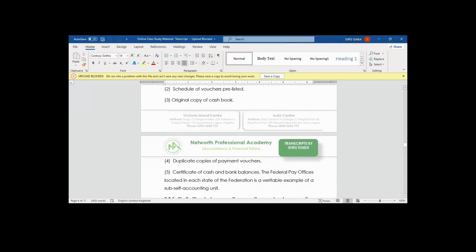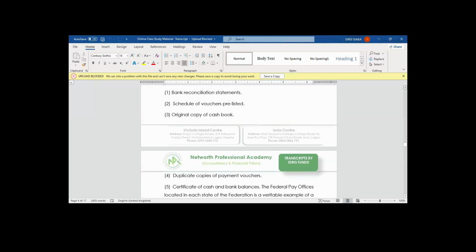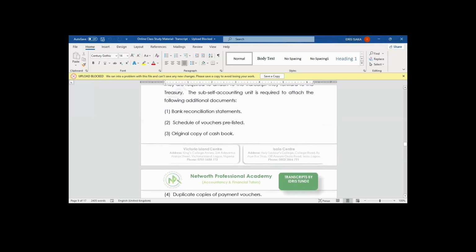What this means is that when self-accounting units are preparing their own monthly transcript, they don't need all these documents when they want to forward their transcript to the Accountant General. Because at the end of the day, all the transcripts will be forwarded to the Accountant General for compilation.